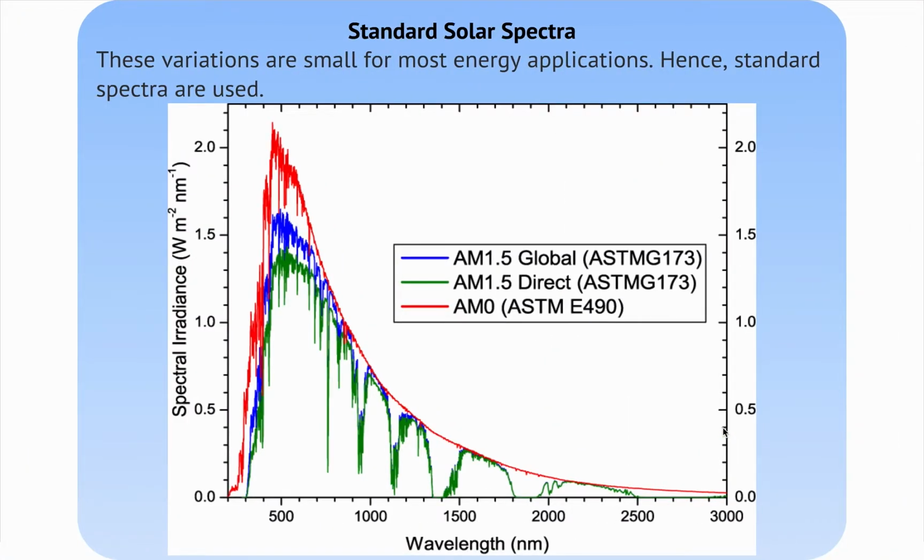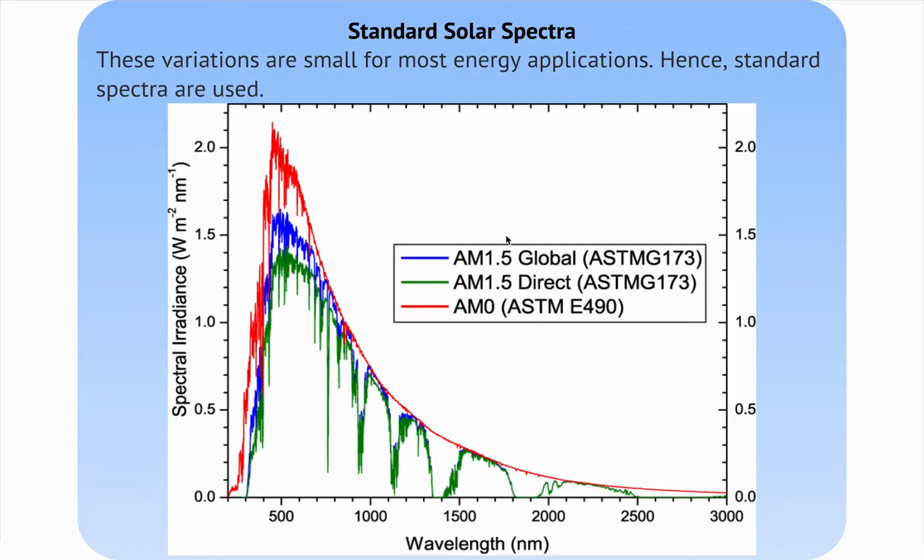Okay, now of course the spectrum of sunlight varies quite a bit where you measure it on Earth, so different places have different spectra, but in order to create a standard spectrum to enable solar industry and so on, the ASTM and other organizations have come up with all these standards, so this is something you should be aware of. There's something called AM 1.5 global, which is this blue curve here.